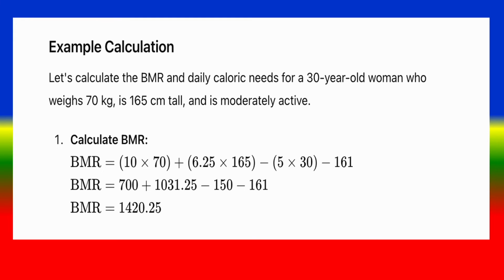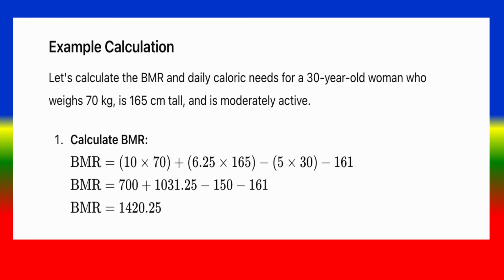Example calculation. Let's calculate the BMR and daily caloric needs for a 30-year-old woman who weighs 70 kilograms, is 165 centimeters tall, and is moderately active. Calculate BMR using the Mifflin equation.